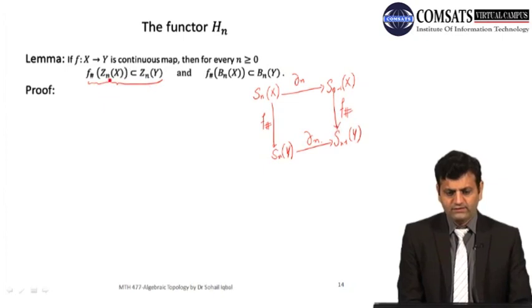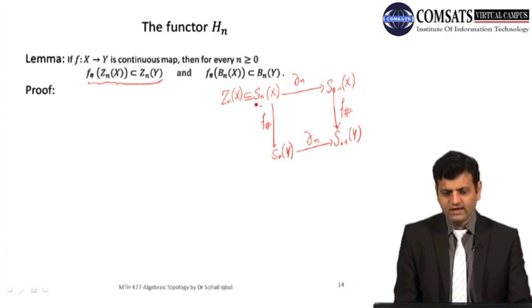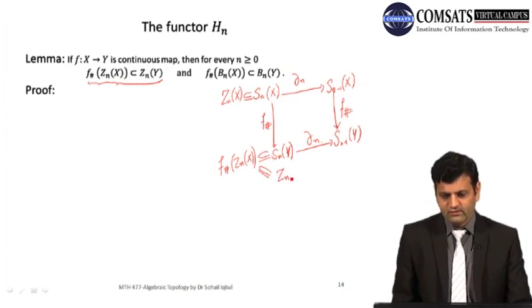So in other words, we have to show that if I have Zn of x contained in Sn x, and this is the set of elements of Sn x such that the image under this partial n is 0 in Sn minus 1 of x, then if I apply this f hash on the cycles of Sn x, then this is also contained in the cycles Zn y.